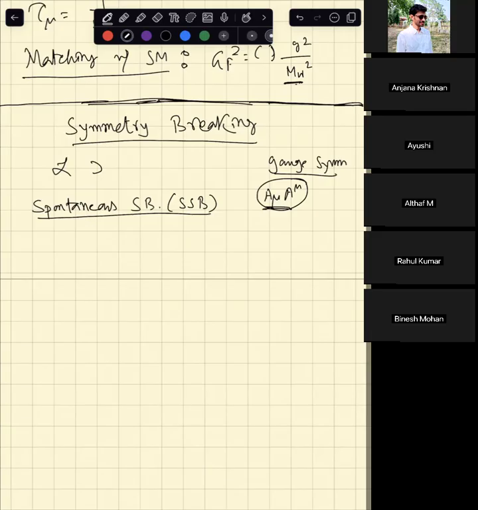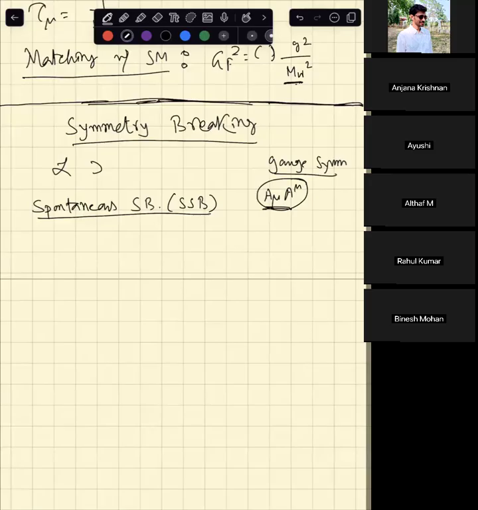That means the Lagrangian is no more symmetric. But spontaneous symmetry breaking is an interesting tool which gives you a handle to break the symmetry spontaneously, not in the Lagrangian, but in the solutions. And what are those solutions here? They are the vacuum manifold or the vacuum configuration of the scalar field.